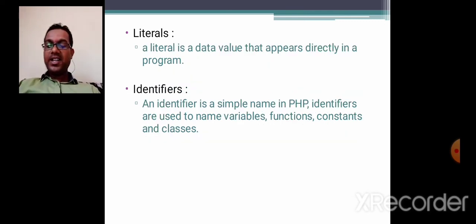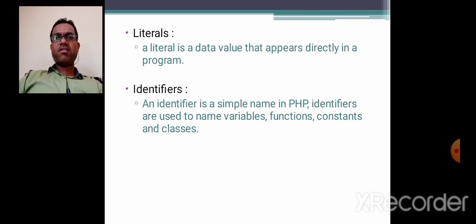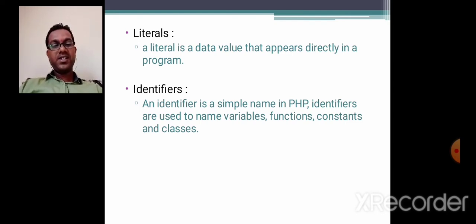The next point is literals. We know that a literal is a data value that appears directly in a program. For example, 100, true, null, or hello. These are examples of literals. The next one is identifiers. An identifier is a simple name in PHP that is used to name variables, functions, constants, and classes.